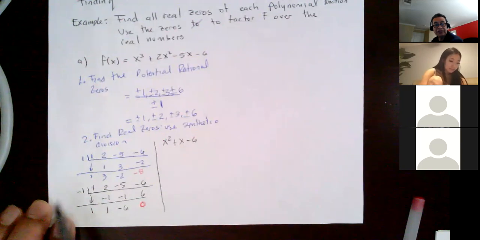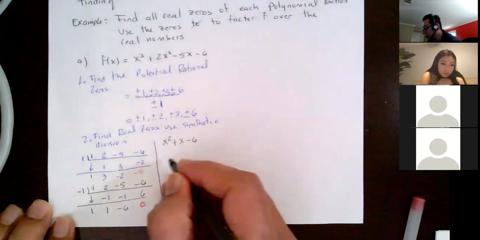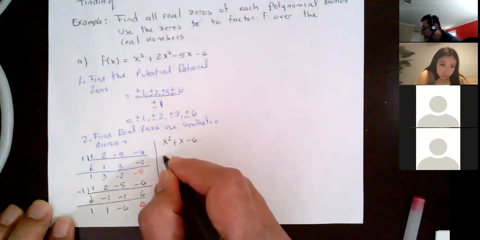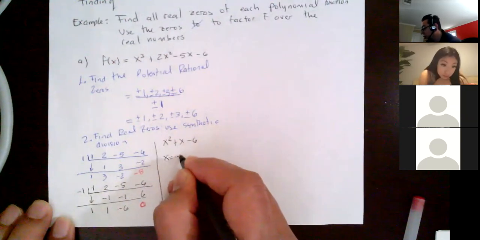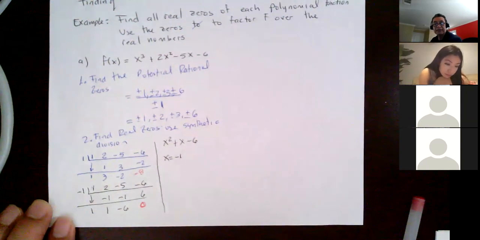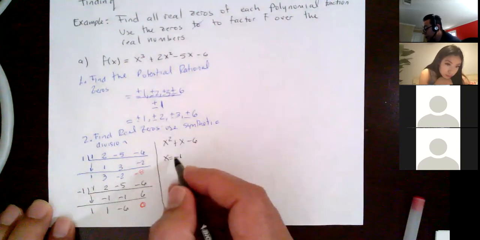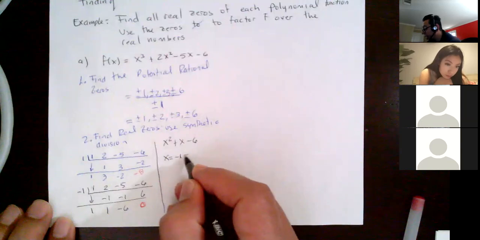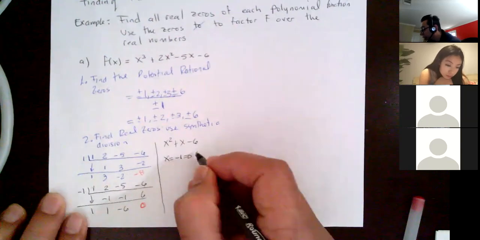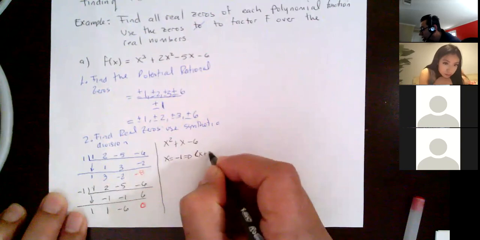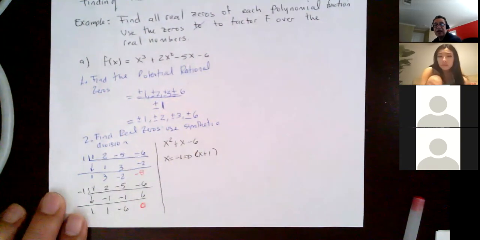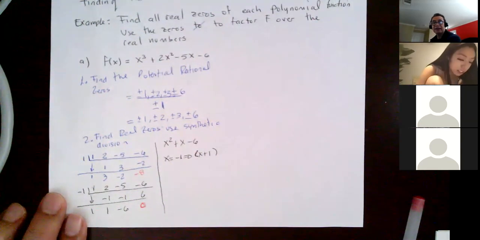So I'm going to write x equals -1. That's a factor of this polynomial, right? Correct. If I want to write x equals -1 as a factor, that would be x plus 1. Is that clear, you guys? Yes. I think, for me, it's a little bit confusing.